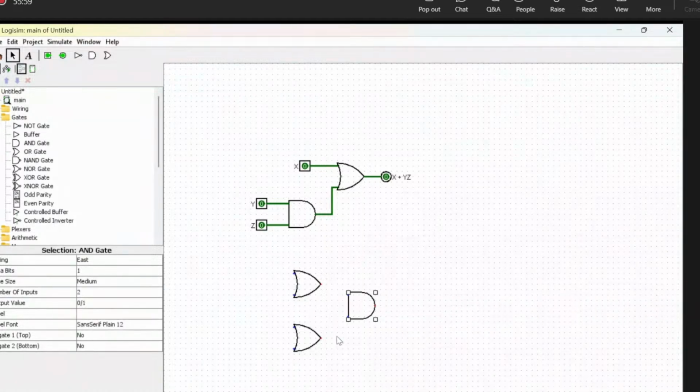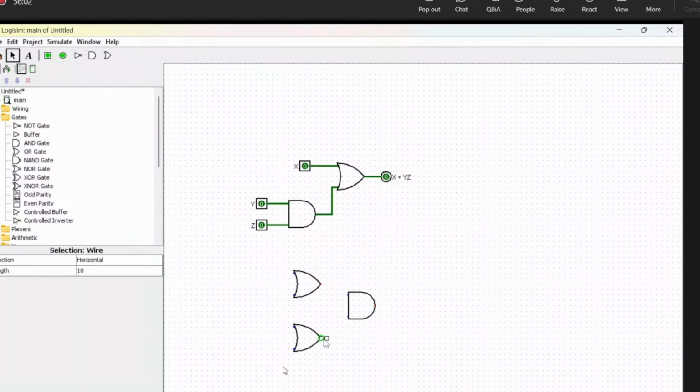So one terminal, I'm going to connect these two. Let this be X. So this represents X. This represents Y. And this will be Z. And this is the output.